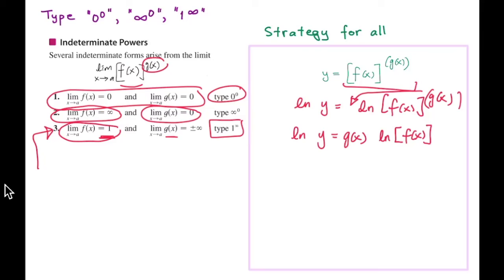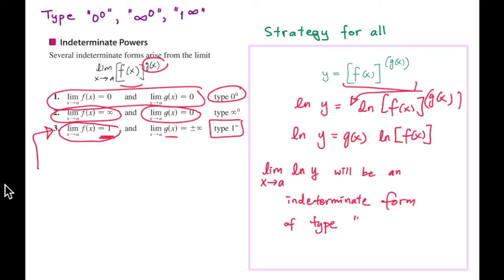And what will happen now is that for all of these types, if you look at the limit of the natural log of y, this will be an indeterminate form of type either 0 over 0 or infinity over infinity.